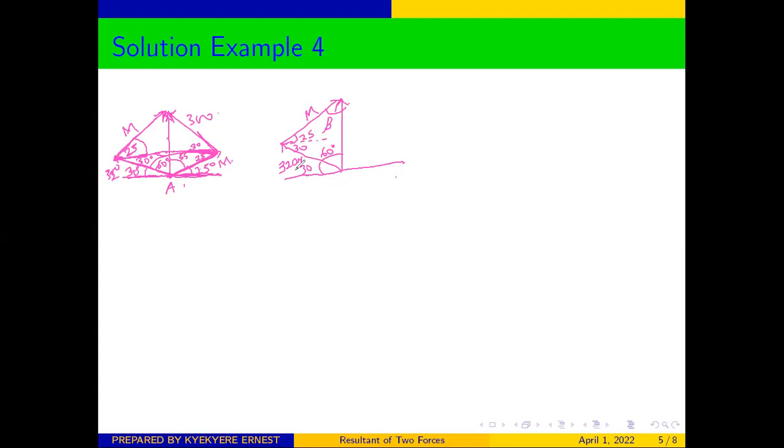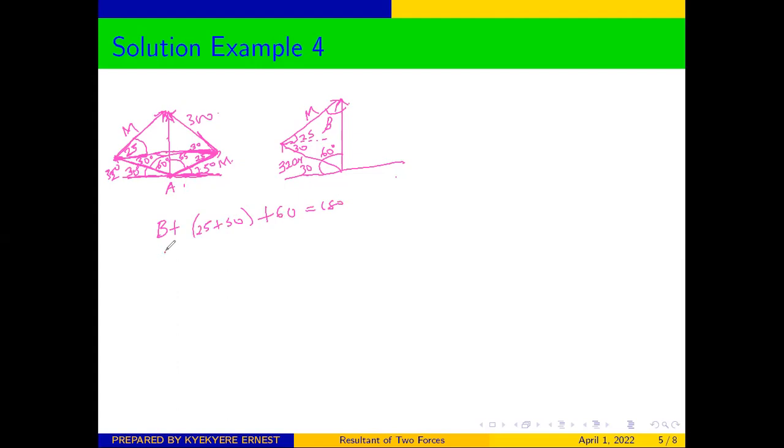If our angle here is beta, then we can say that beta plus 25 plus 30, plus our 60, will be equal to 180.